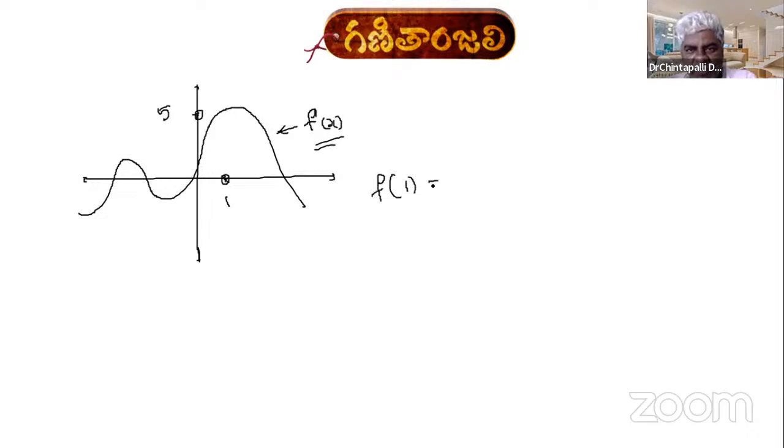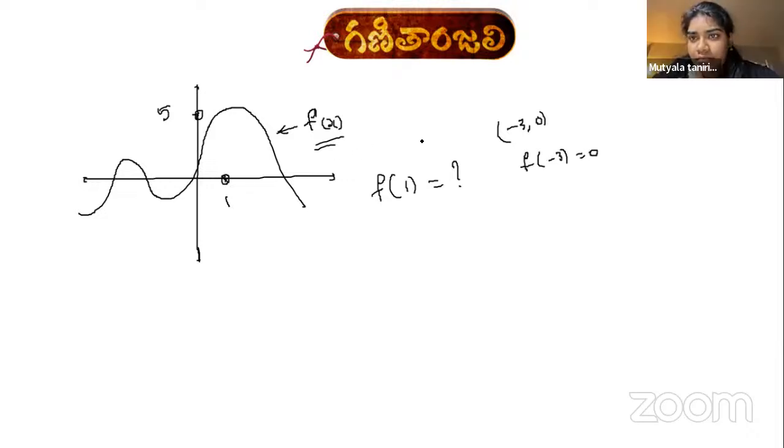What is the value of f of 1? 5, sir. In the previous question, we could see -3, 0 directly. That's why we answered f of -3 is equal to 0. But here, that value is not shown directly, yet f of 1 is asked. So in that case, just draw a vertical line passing through 1.